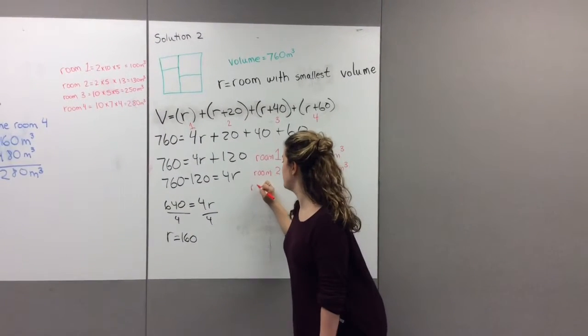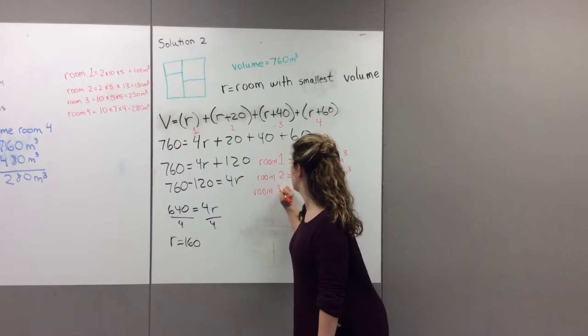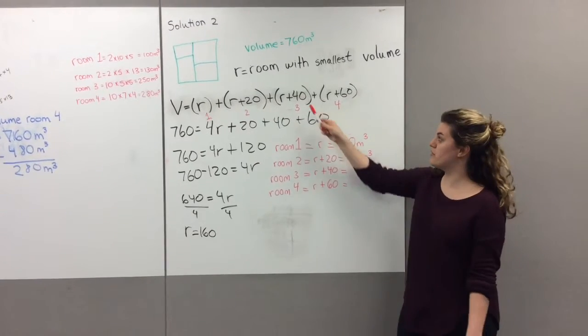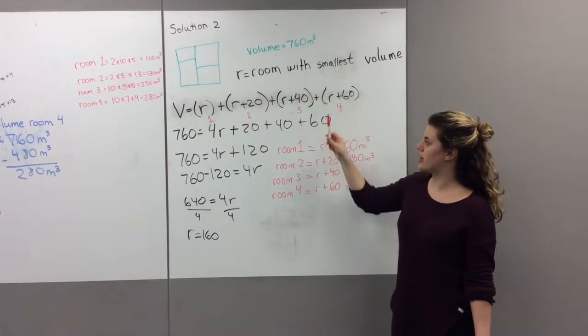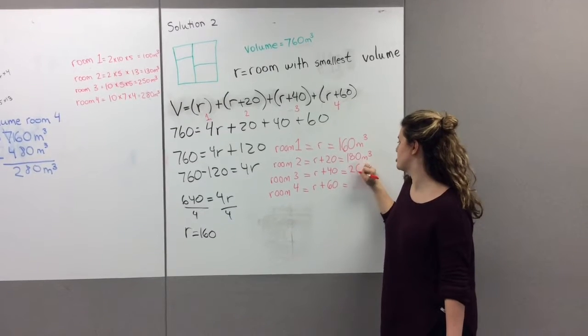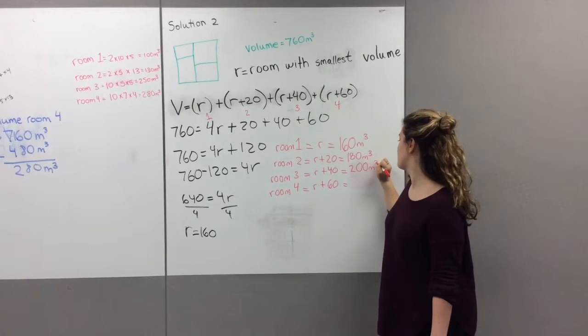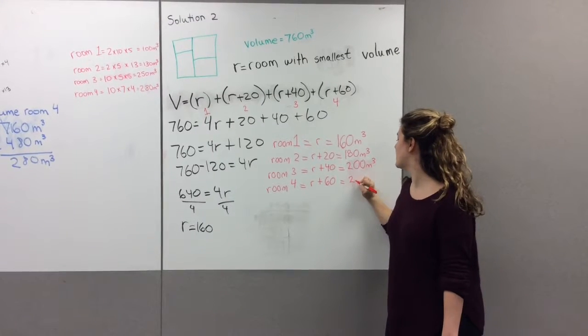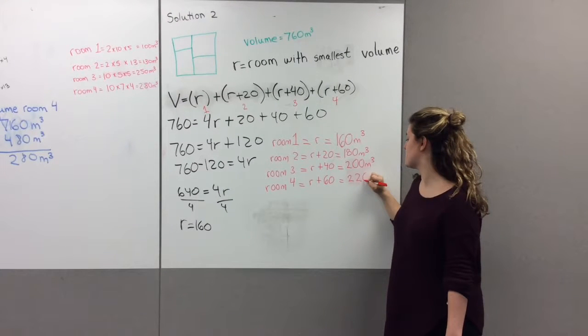Our next is room 3, which is R plus 40, which will give us 200 meters cubed. And for room 4, it's R plus 60, which will give us 220 meters cubed.